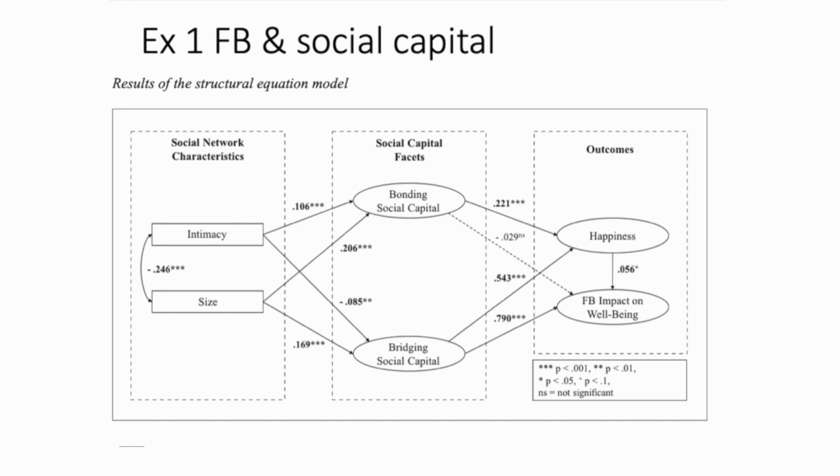And finally, we accept hypothesis 6, namely that bridging social capital has a highly significant impact at the 0.001 level on Facebook impact on well-being. And lastly, we see at the 0.05 level, hypothesis 7, that happiness has a positive impact on Facebook impact on well-being.